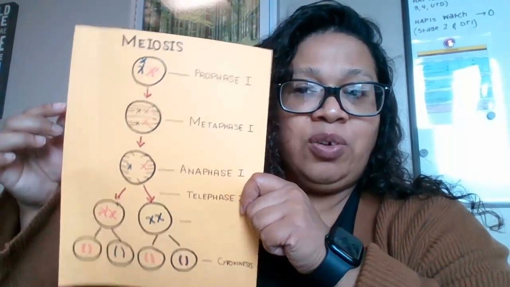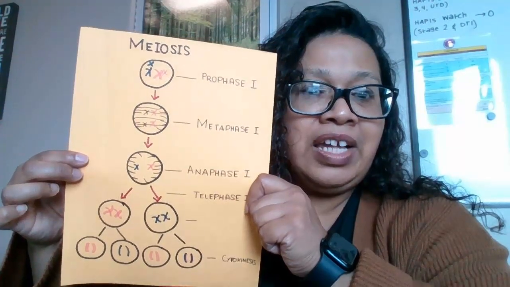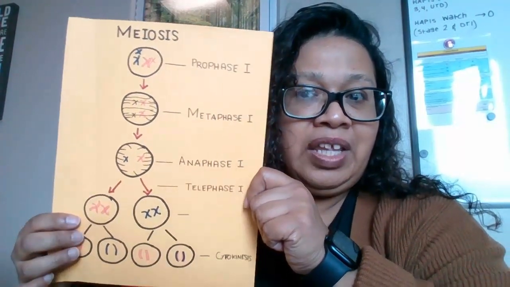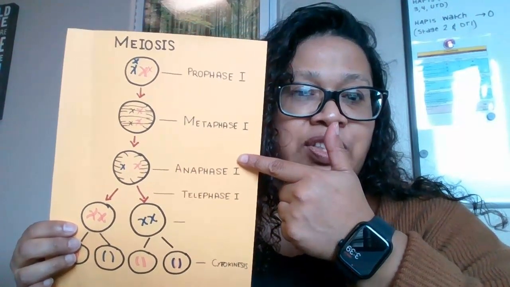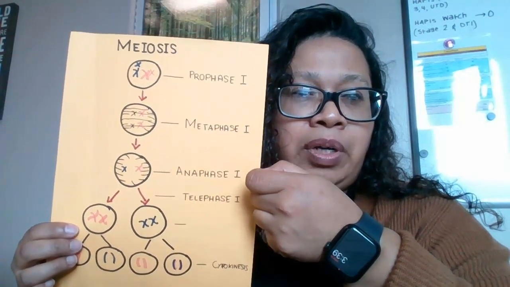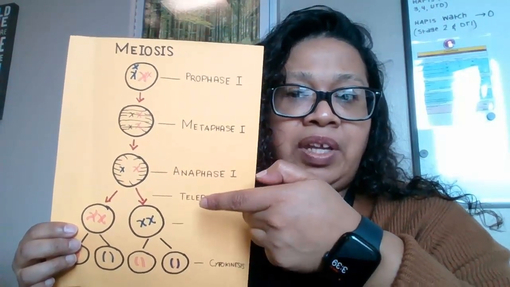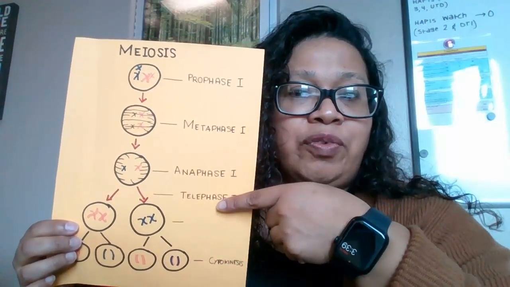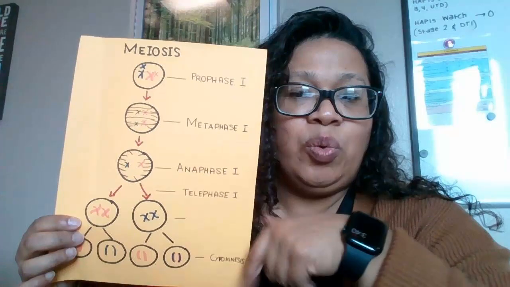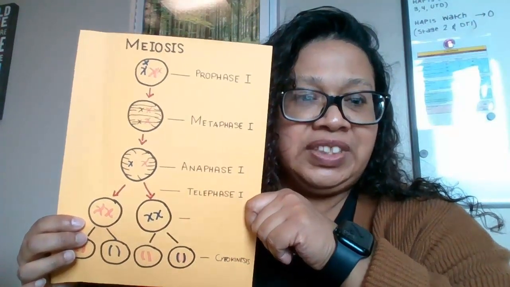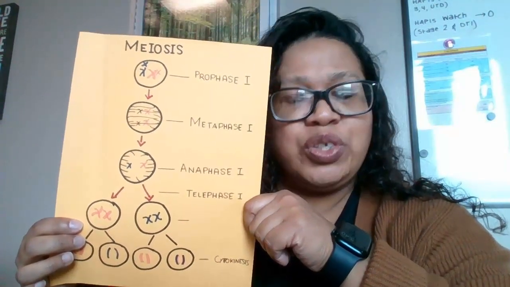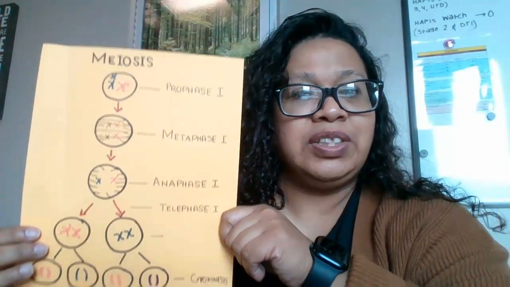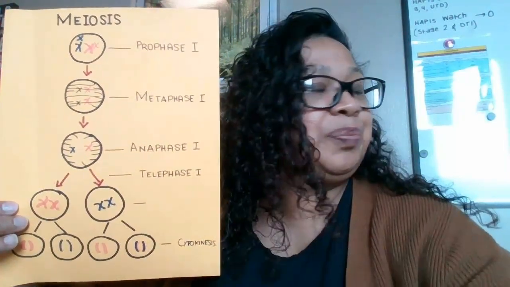It goes to the metaphase, during which the chromosomes align in the center of the cell. Then we go to the anaphase, where the chromosomes are pulled apart to opposite sides of the cell. Then it goes to the telophase stage, where the nuclei form. And finally, we go to cytokinesis, where the original cell and the 2 identical cells divide.